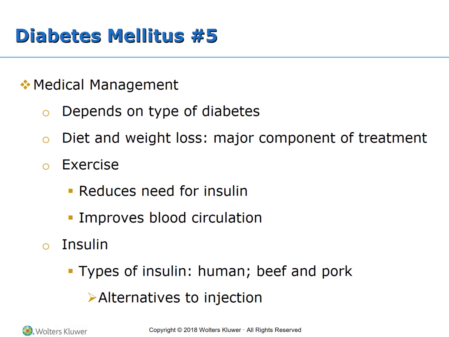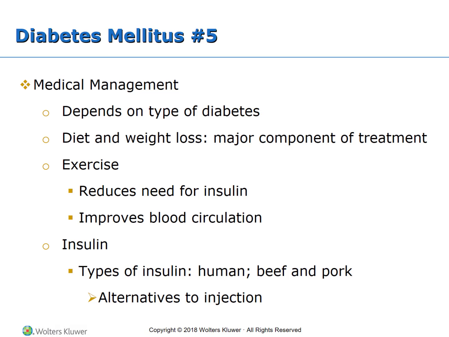Now, thanks to our research advancements and medical advancements, we now have many types of insulin. We have insulin that is human form. We also have insulin that is made from beef and pork pancreas, but because we already have the human forms of insulin, very, very few people are using the beef and pork insulin made from the pancreas now.